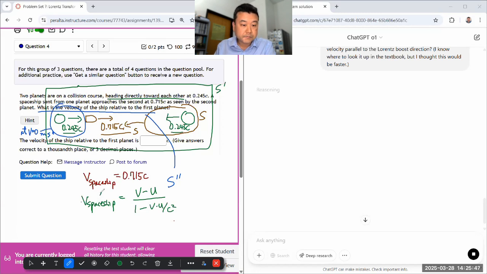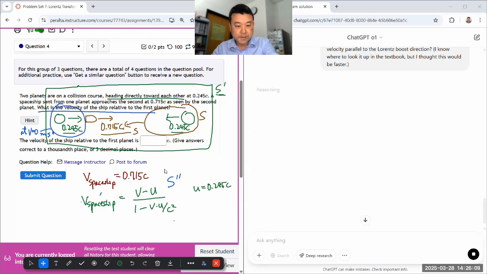And here U would be 0.245 C. That's the relative velocity between my S prime frame and the S frame. Yeah, this will give me a slower speed, so all of that's fine.